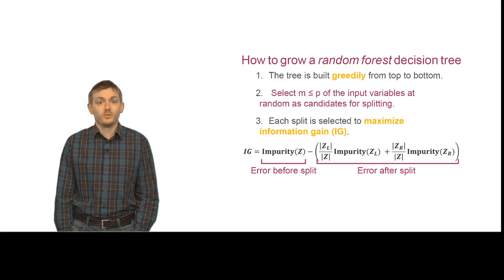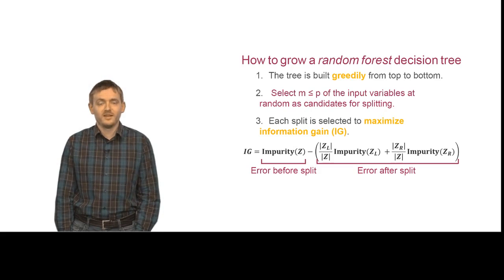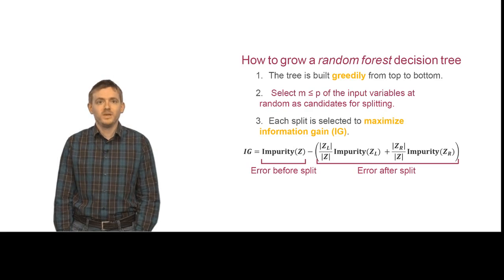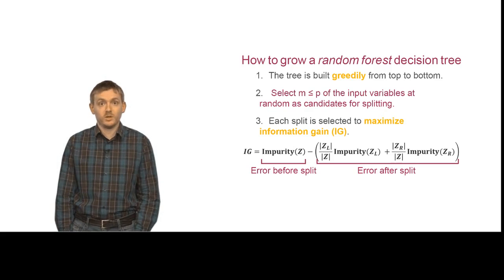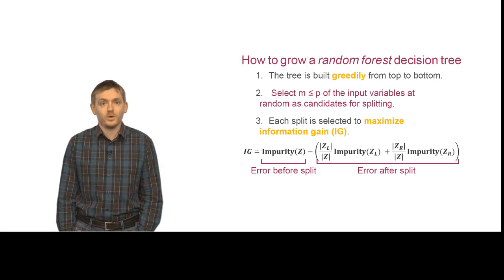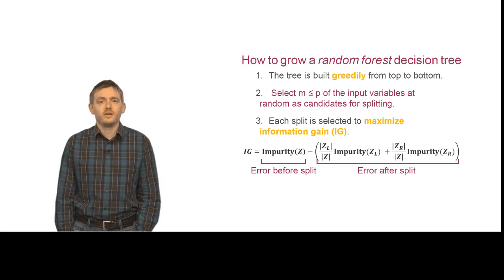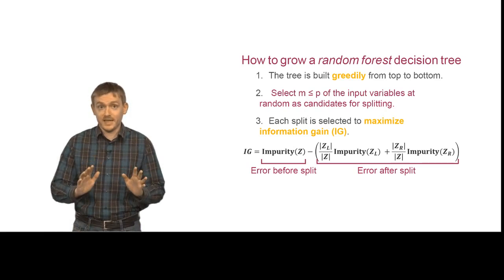You select not the best split overall, but the best split among m variables. Initially, you pick at random m possible variables and select the best split only among these m variables. The criterion for selecting the best split is exactly the same.